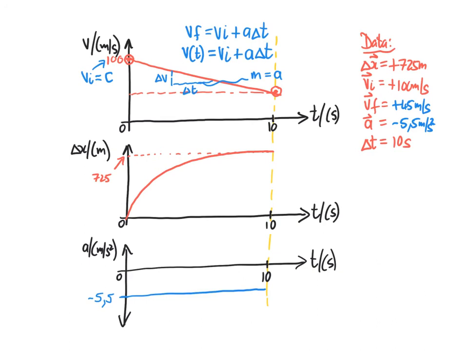then we can actually write this in a form that is quite common, and you would have seen this in mathematics. We can write it as follows. In place of the v we can write y. And in place of the v initial we can write c. And in place of the a we can write m. And in place of the t we can write x. Because x is the independent variable on the horizontal axis, and y is the dependent variable on the vertical axis in mathematics.